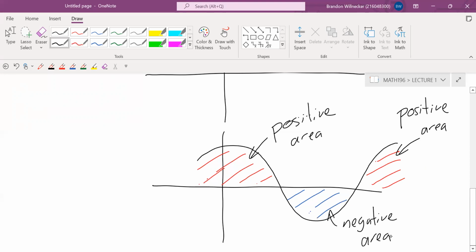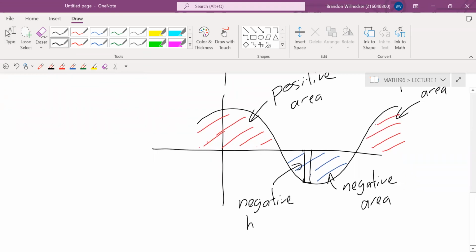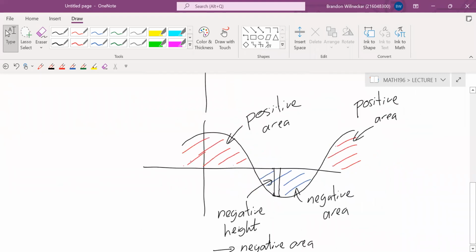Okay, so the reason we call that below part negative area is because what is the height of these rectangles that we draw here? So if we draw a rectangle, we see that the height corresponds to the function value, right? So if the function value is negative, then this gives us a negative height. And if the height is negative, well, then the area is negative as well. Okay, we get something called the negative area.